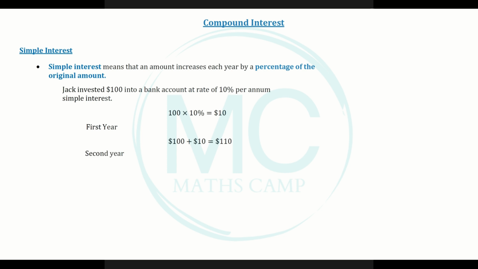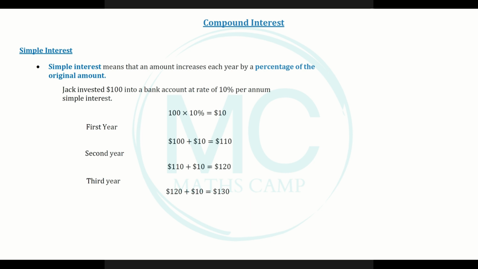After the second year, Jack has $110 plus another $10, and we get $120. After the third year, we have $120 plus another $10, and we see that Jack has $130.